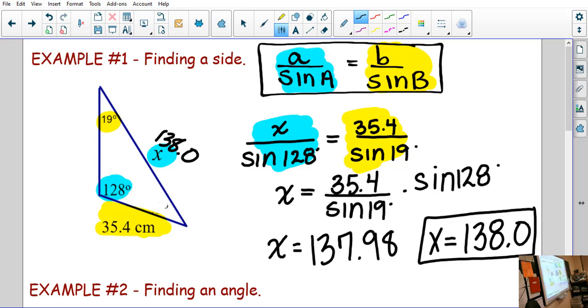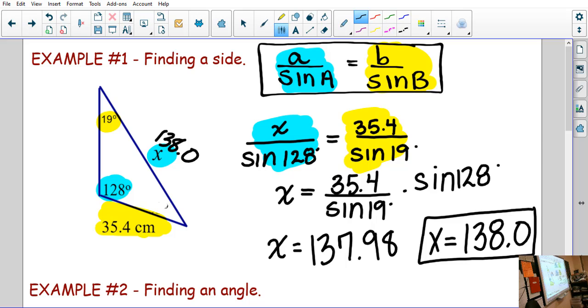When I did that in my calculator, I got 85.68. Okay, yeah, I got 137, but let me just double check. I'm in degrees. So 35.4 divided by sine 19. Oh, I put divided by. Okay, sorry.